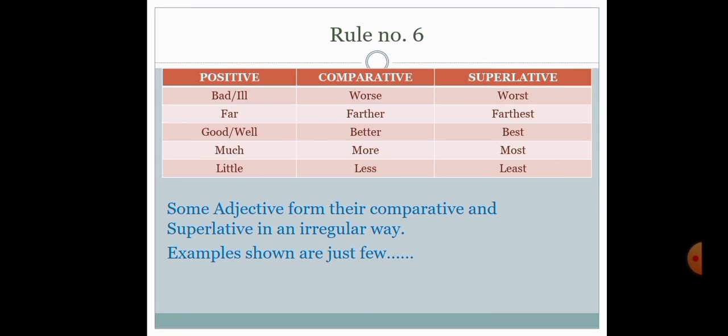Similarly, far, farther, farthest; good and well, the comparative form is better and the superlative is best. Similarly, much, more, most; little, less, least. Now these are a set of adjectives and their comparative forms which you need to learn by heart. There is no particular rule to be kept in mind, but you need to learn them by heart.